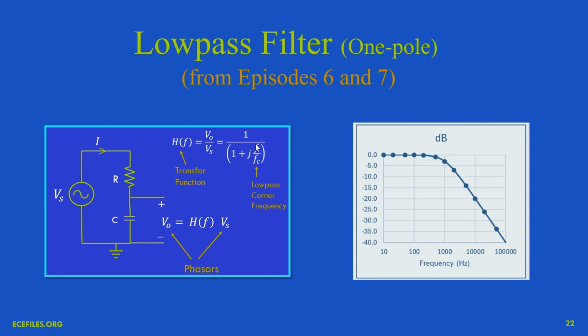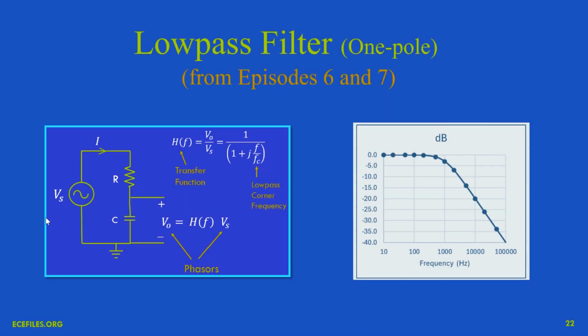In the case of this filter, we have different amplitude and phase responses at different frequencies. So if we know what the amplitude and phase of the source voltage is here, we can figure out what that amplitude and phase response is going to be and multiply these two complex numbers together and get the complex number, which is the output. And that encodes the magnitude and phase of the output sinusoid at that particular frequency.